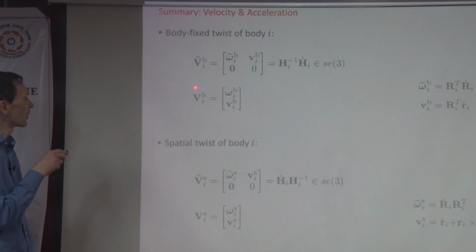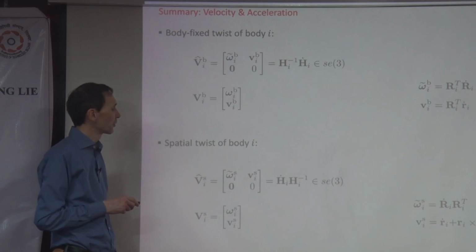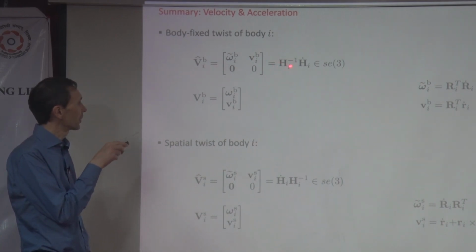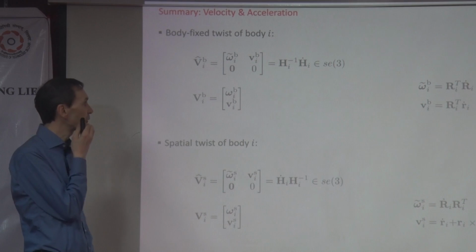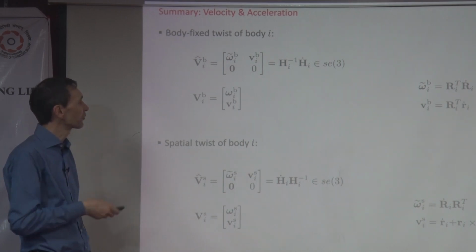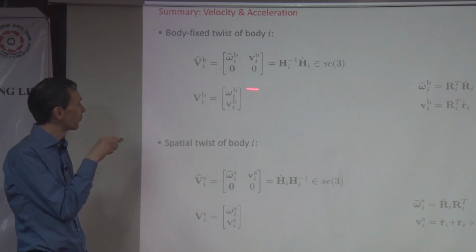Okay, so just to summarize, this is what we had also introduced yesterday: the twist of the body. There is the body fixed version that we introduced by just saying we take the inverse of the homogeneous transformation from body I to the space fixed frame times the time derivative, and this gives you this form of a matrix.